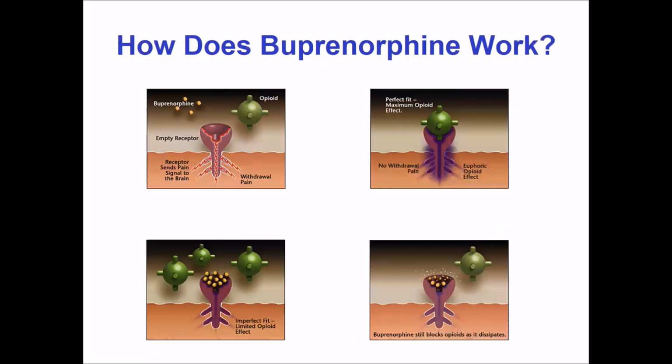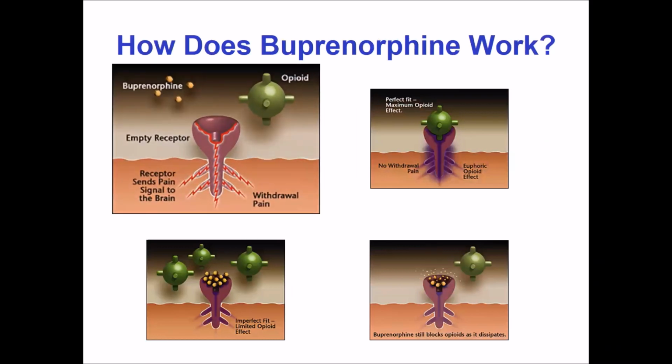In terms of what's going on at the receptor, how does it work? This purple is an activated mu receptor in someone who's dependent on opioids. And because the opioid mu receptor is empty, it's sending signals that are communicating pain to the brain and withdrawal symptoms.